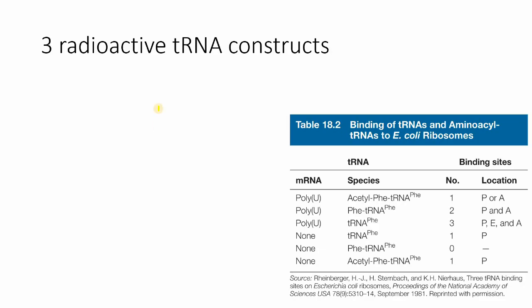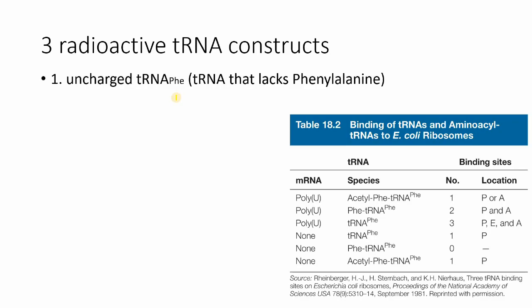What the researchers did is that they created 3 radioactive tRNA constructs. The first construct used uncharged tRNA. So, this tRNA is supposed to be charged with phenylalanine, but it simply lacks that phenylalanine. The second construct is a phenylalanyl tRNA. This tRNA is just like the previous tRNA, but in this case, it is charged with its amino acid, phenylalanine.